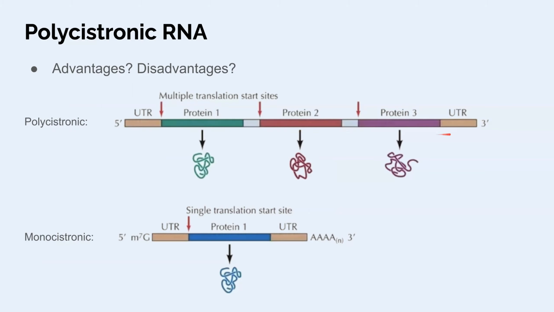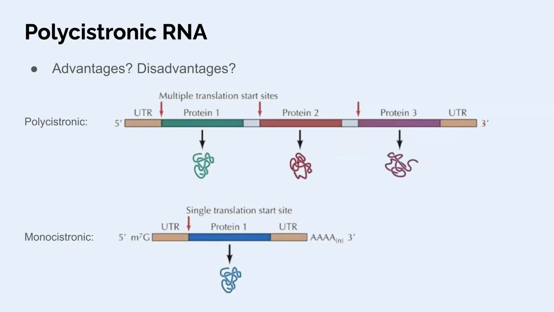So one transcription event gets you 3 coding regions worth of RNA. And so the bacterial cells can translate through here and translate protein 1 and translate protein 2 and translate protein 3, all from this same RNA molecule.